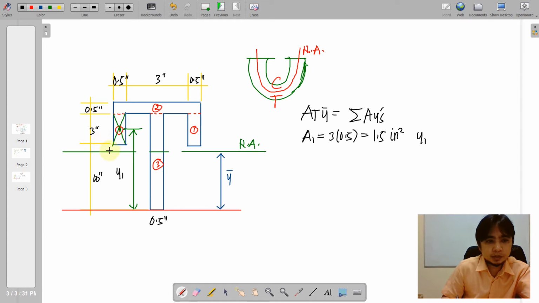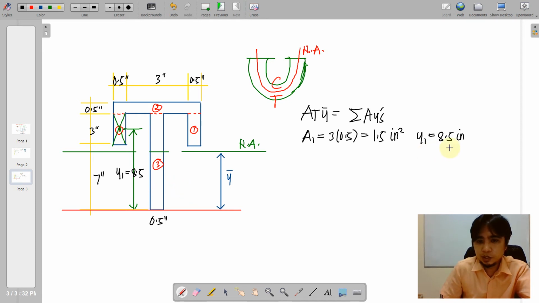That is half of 3, which is 1.5, plus... Let us try to correct this as 7 inches, because this is measured from this up to this as 10 and this is measured as 3, so therefore this should be 7 inches. So getting the value of y1, we have 1.5 plus 7, that is equal to 8.5 inches.